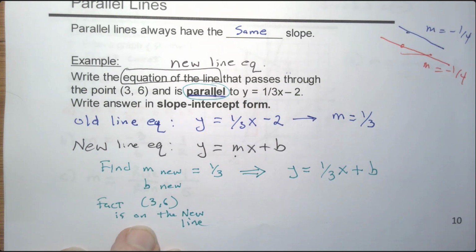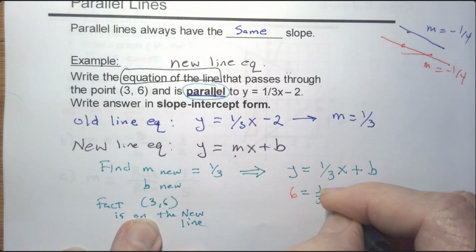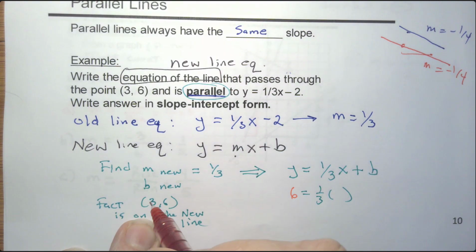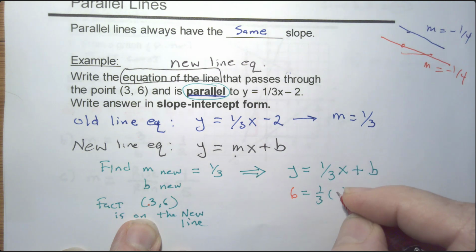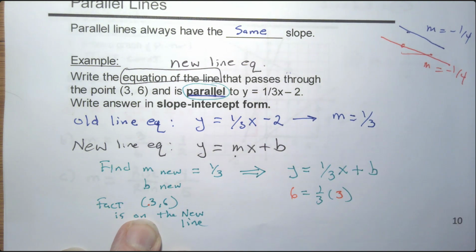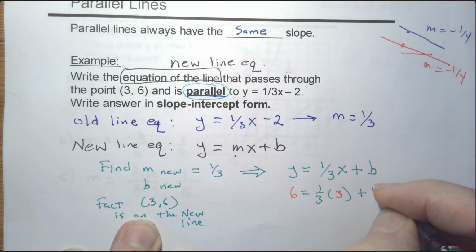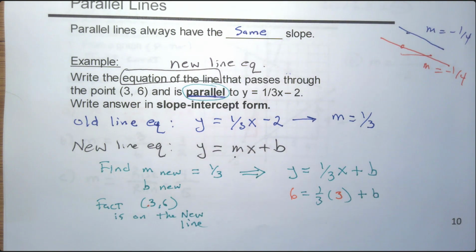So I'm going to plug in the y number, 6, and the x number, 3. After plugging it in, the only thing left is an unknown b number.